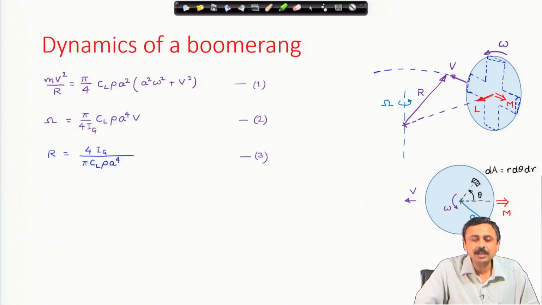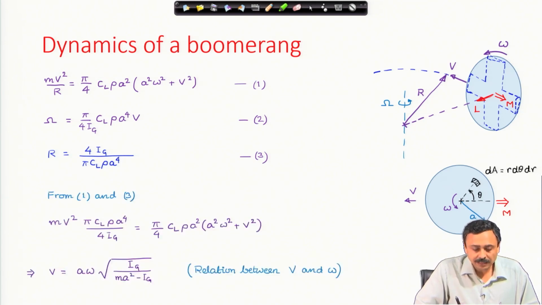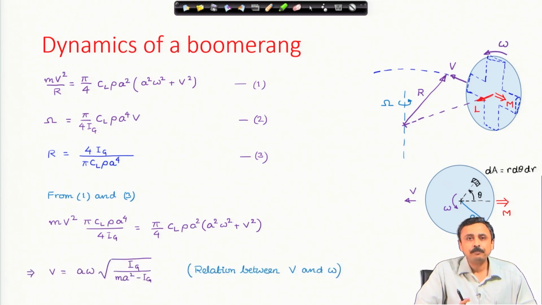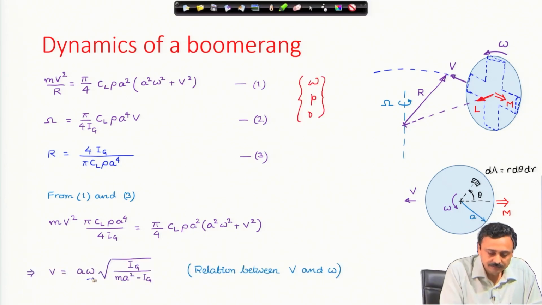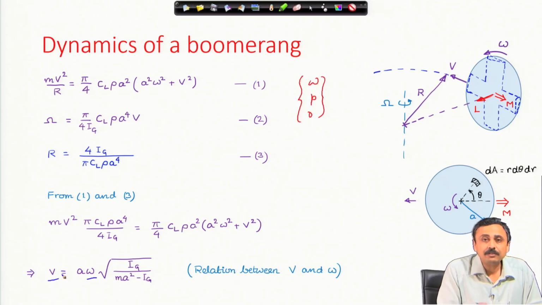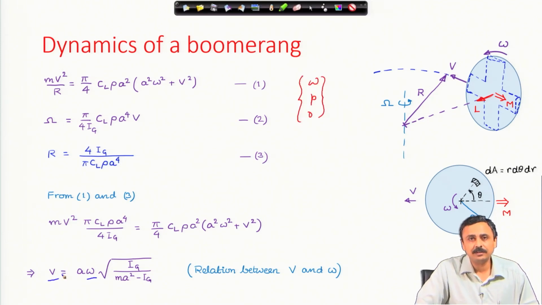So, we have these three equations which give me velocities, of course, I have thrown it with a certain velocity capital V. It gives me the precessional angular speed and the radius of curvature, and from equations 1 and 3 I can calculate a relation between the spin angular velocity and the velocity of throw. Now, this is where the art of throwing boomerangs comes in.